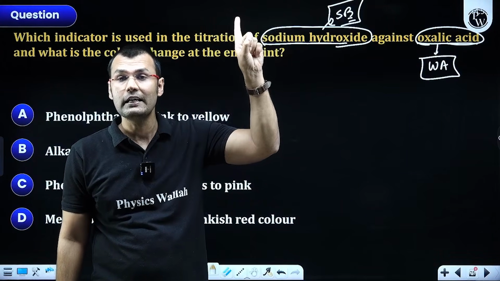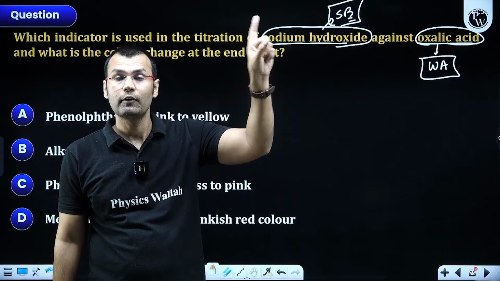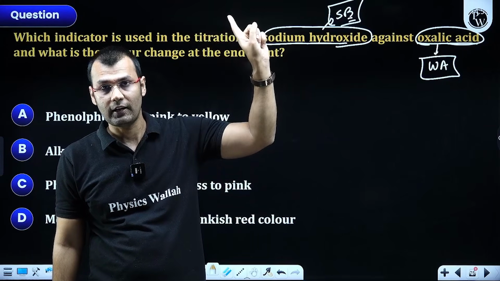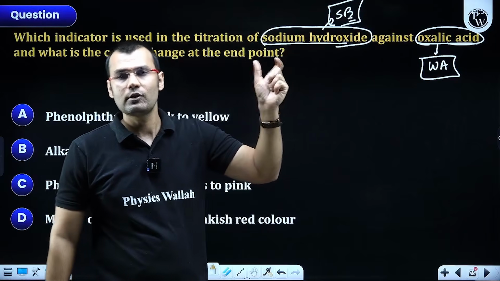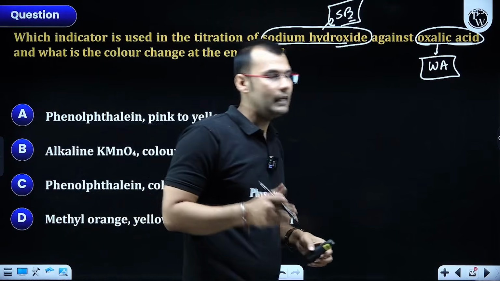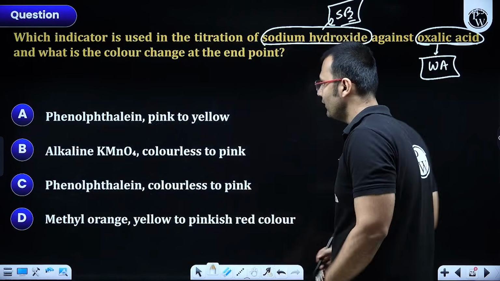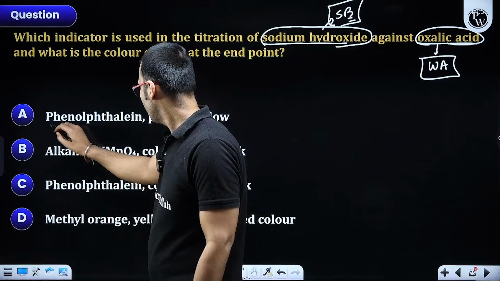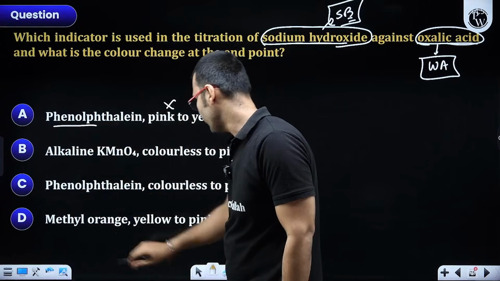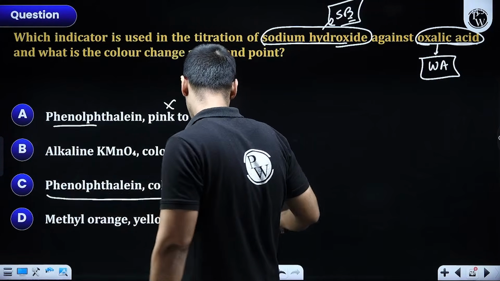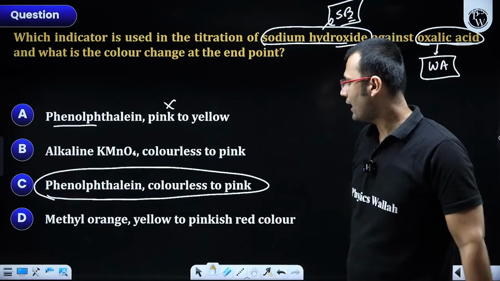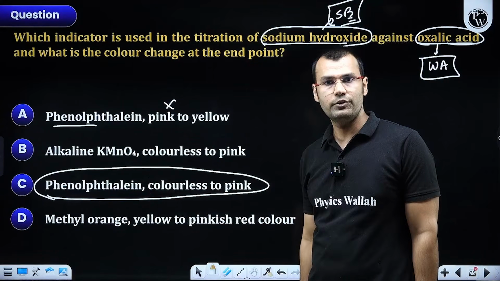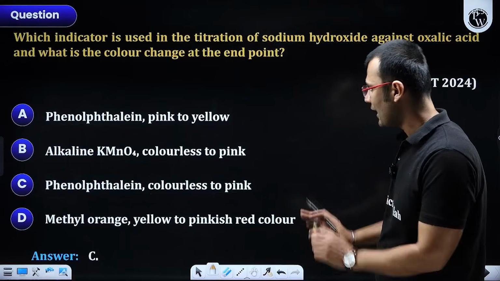So here we need an indicator which functions in the basic pH range, right? 8 to 10. And in the pH range of 8 to 10, the color change we observe is in the case of phenolphthalein. And for phenolphthalein, it is not pink to yellow. For phenolphthalein, it is colorless to pink, right? So in basic range, we use phenolphthalein, and for acidic range, we use methyl orange. So in this case, of course, the answer will be C.